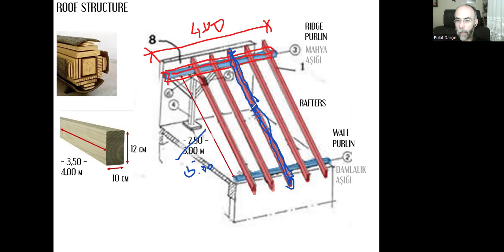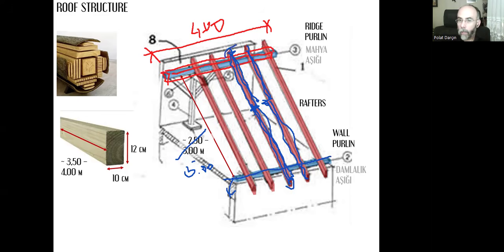So there are two different pieces like this. One of them is up to here, and the other one is up to there. These pieces are supported with the wall purlin, and they are transferring their loads directly to the building structure. And the upper part is supported with the ridge purlin.